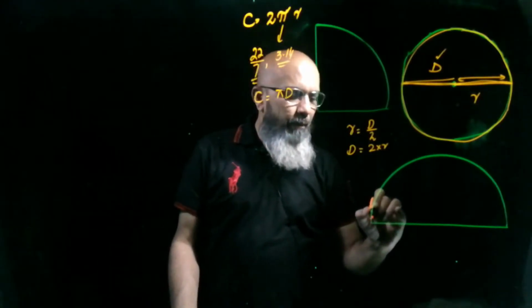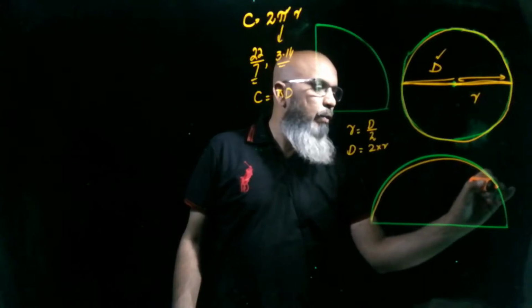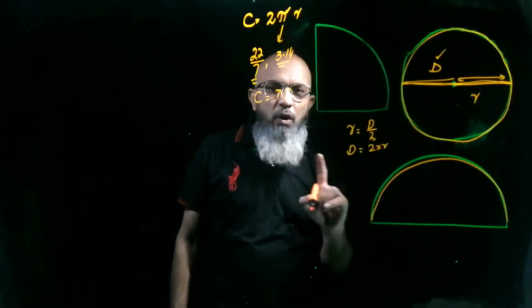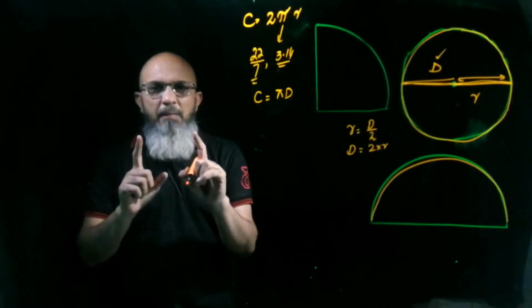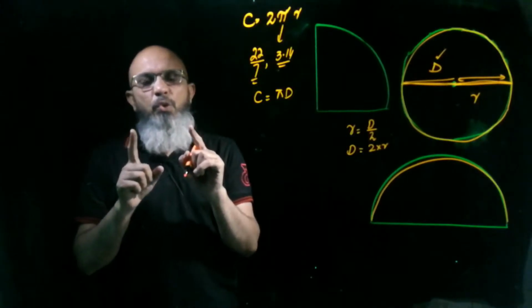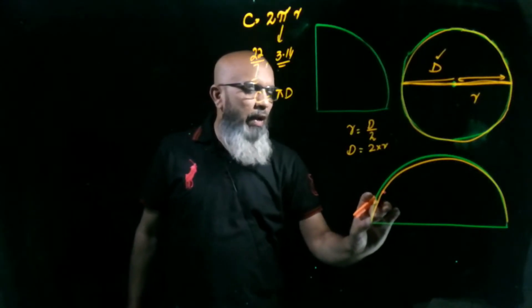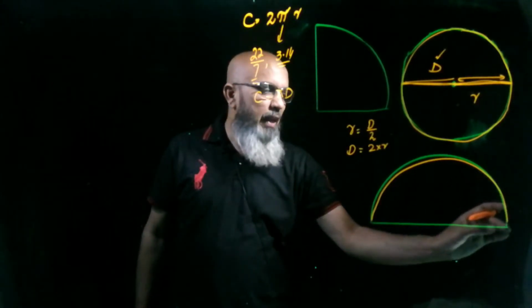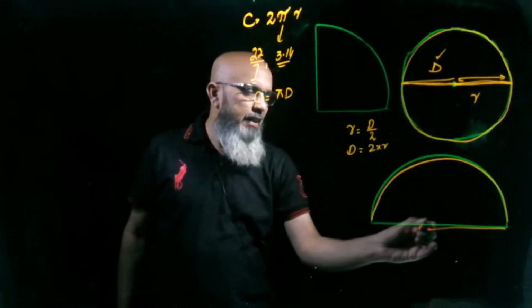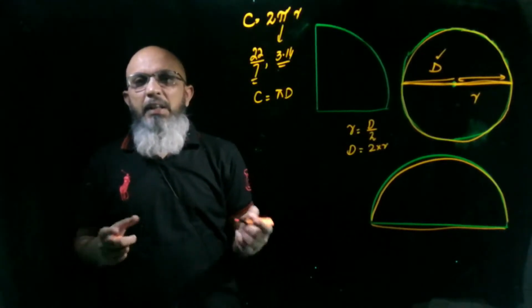Circumference means the distance from this point to this point. This distance is not included in the circumference. So if you are going to find the perimeter of this shape, you have to find the circumference and then add this distance. What is this distance? That is a diameter.